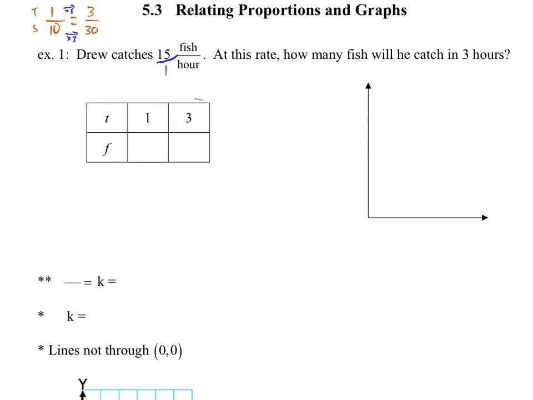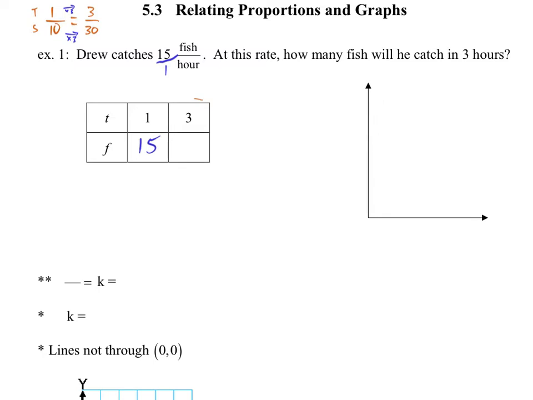I want to put it in this data table, but you agree time is the independent, that the number of fish he catches depends on the number of hours he fishes? So I put the time in my top row, where the independent variable usually goes, number of fish in the bottom row. So if he catches 15 fish in 1 hour, I put 15 under the 1 or under the 3? 1. Perfect, because in 1 hour he catches 15 fish.